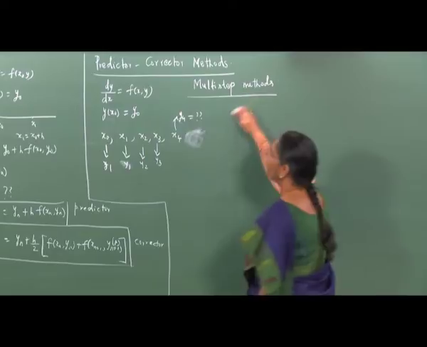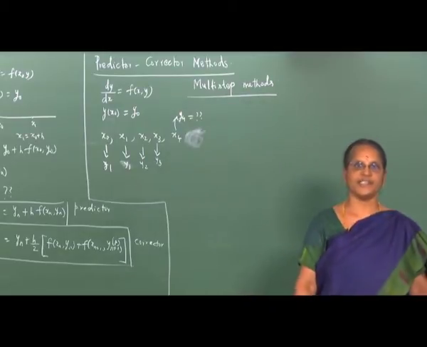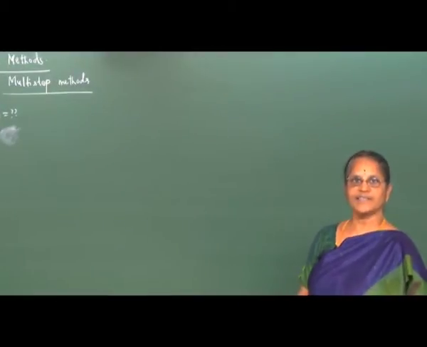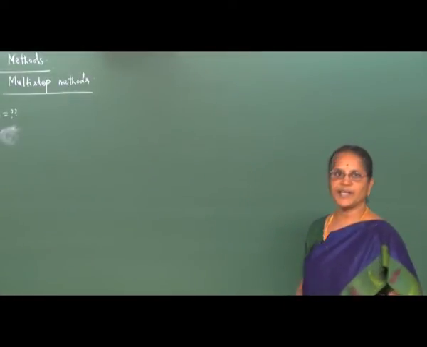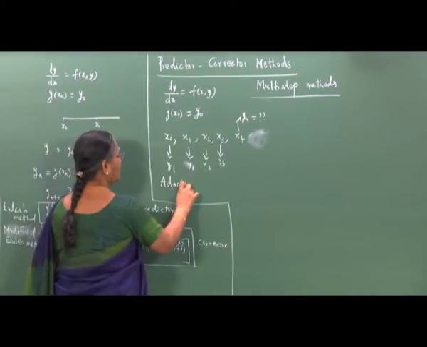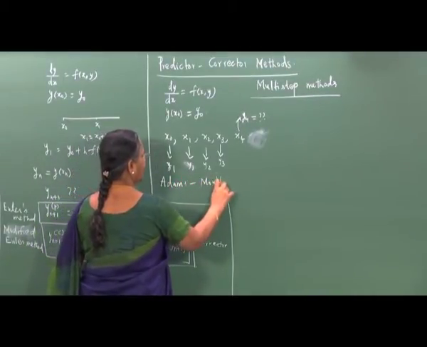Once we derive them, we can conveniently use these methods as predictor corrector methods and obtain the solution of the given problem correct to the desired degree of accuracy. So, let us first derive what is known as the Adams-Moulton predictor corrector method.